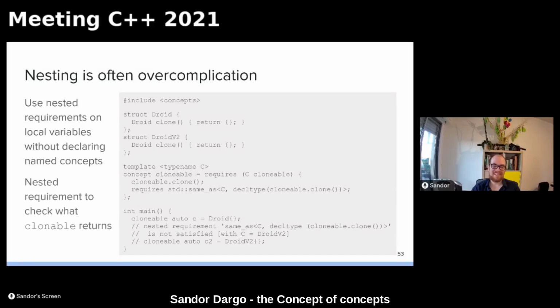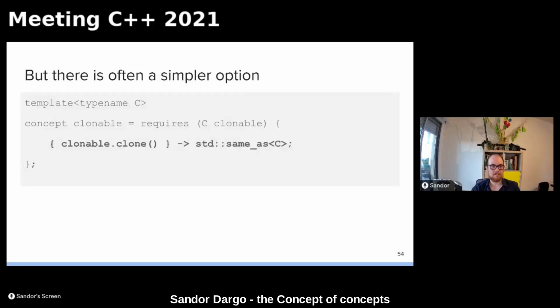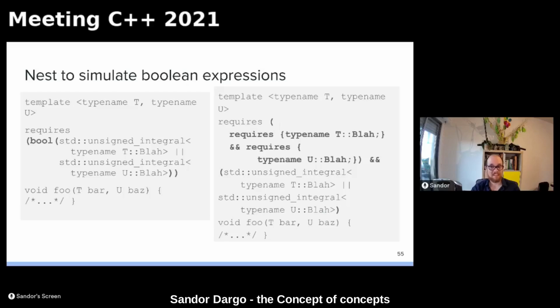But that nested requirement, again, it's overcomplication of the things, because we could have written simply that clonable.clone should return the same type as the type of the clonable. So often when you would use a nested requires expression, it's really not needed. But in some cases, it comes in handy.